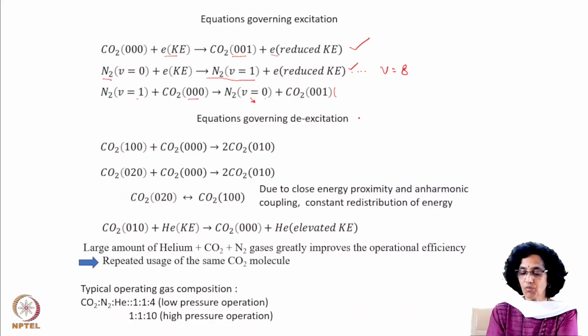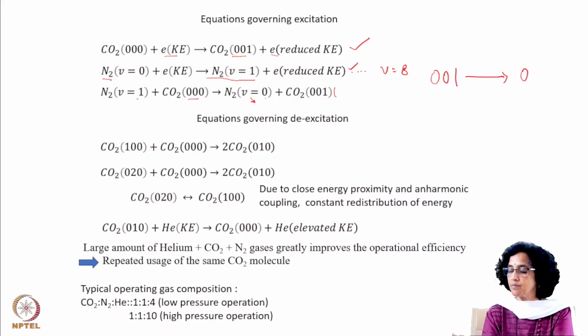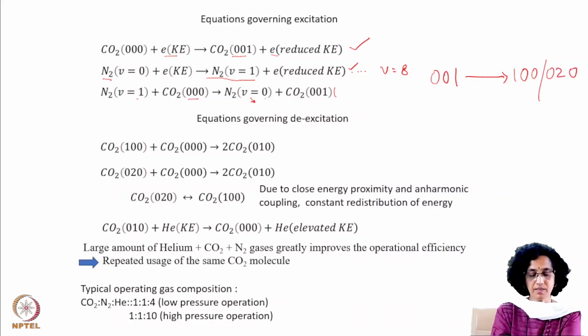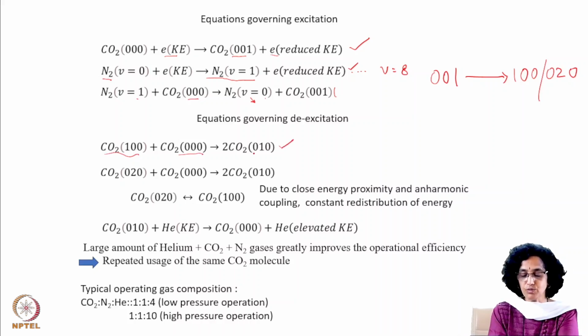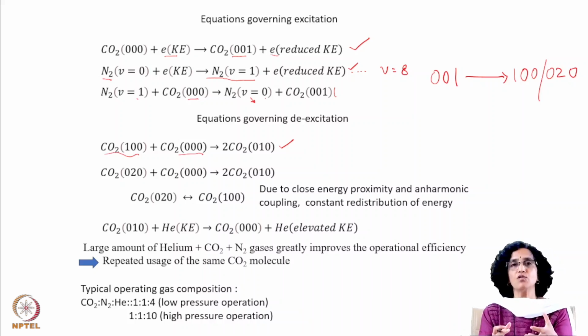Now, from 001, it comes to 100 or 020, and from there CO2 in 100 collides with a ground state molecule, and you have two molecules in the 010 state. As we said, these are fast resonant VV relaxations, because there is not much energy difference, so there is no energy requirement for this to happen.